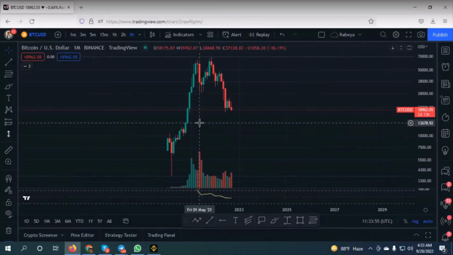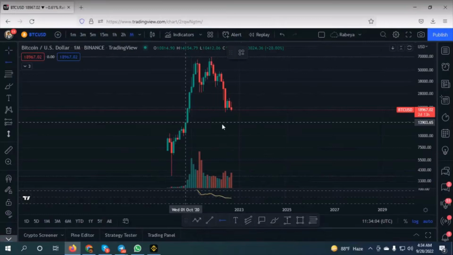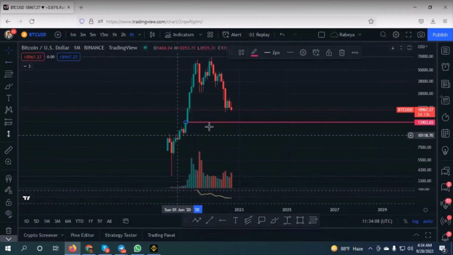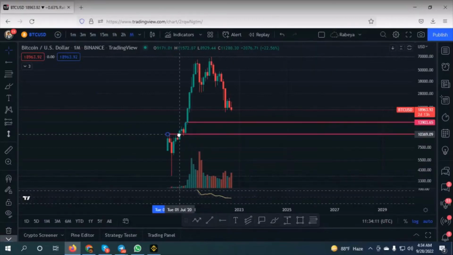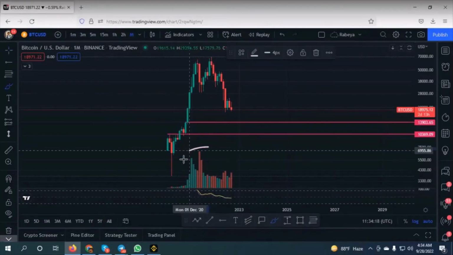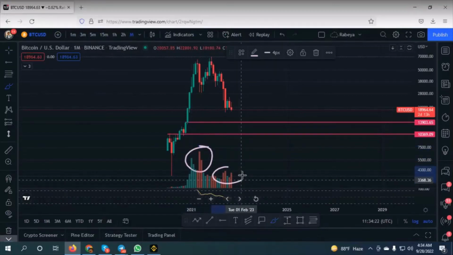We can't say this market will respect this zone, because the market has already lost too much volume. See this monthly volume was too big, but now it is very poor.